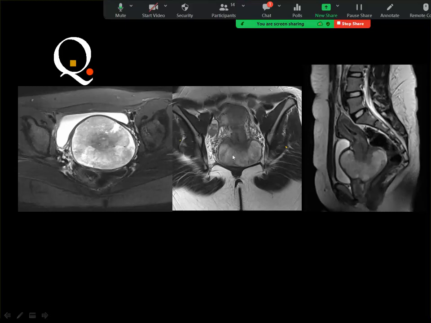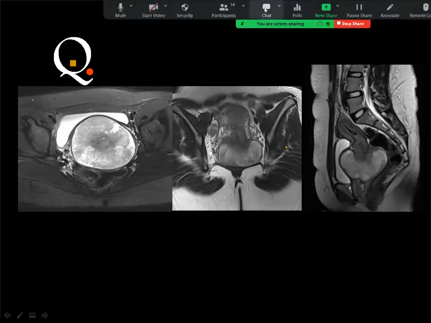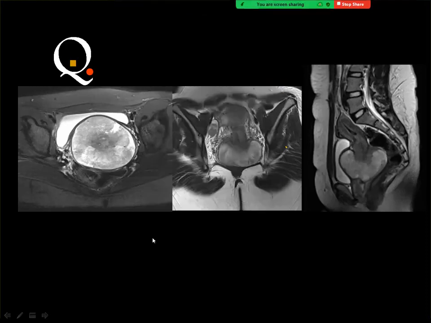axial T2, coronal T1, and sagittal T2. Yes, right answer. Then this is cervical cancer.